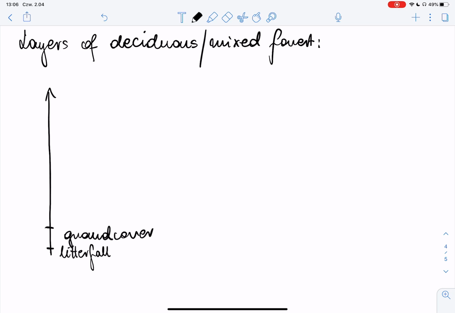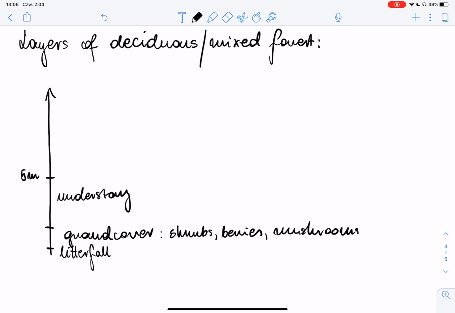It also stretches to 15-20 centimeters above the ground, and it's made mostly of tiny shrubs, also some other plants like berries, mushrooms.